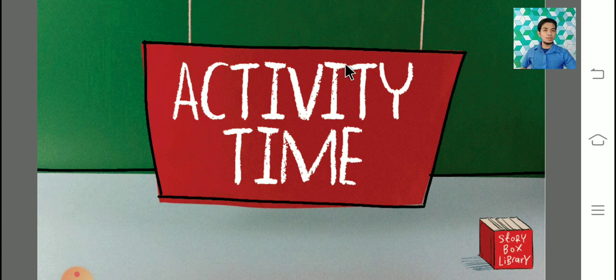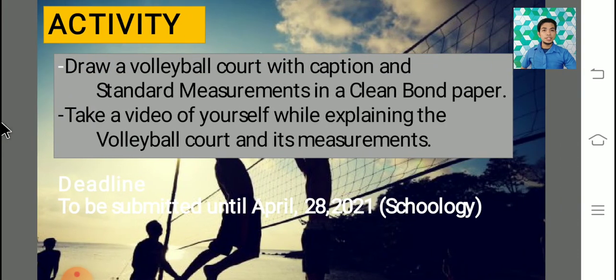So for your activity, draw a volleyball court with a caption and standard measurement in a clean bond paper. So anong gagawin? Kukuha kayo ng bond paper and then mag-drawing kayo ng volleyball court with the caption, hindi lang basta caption ang ilalagay.